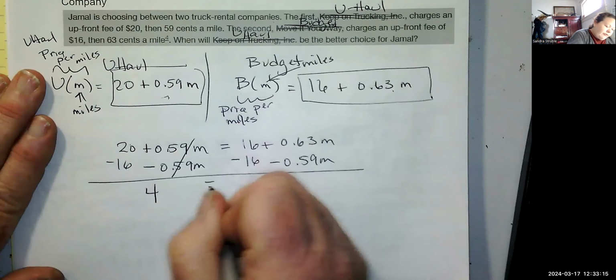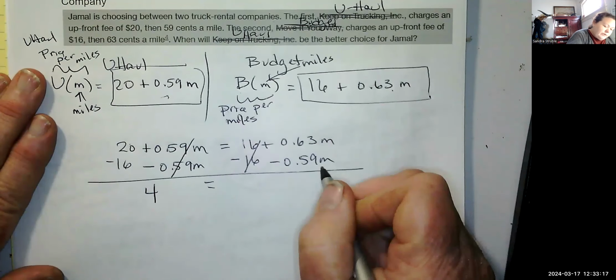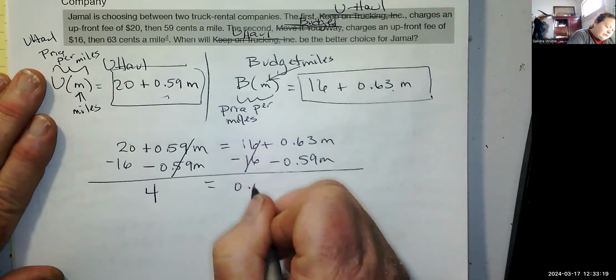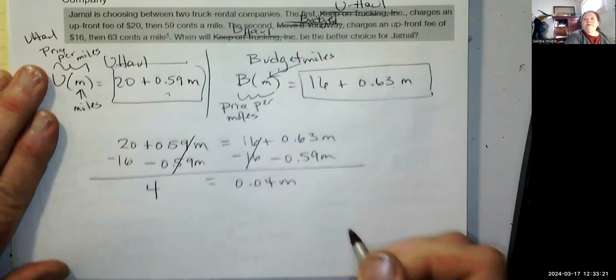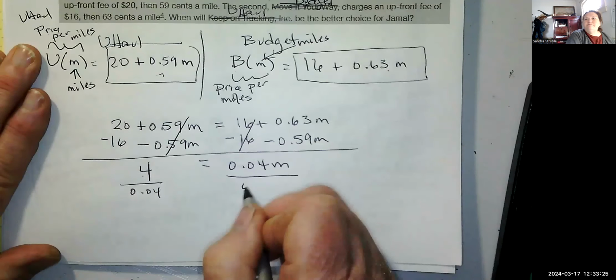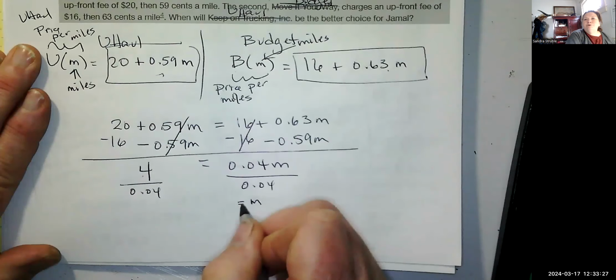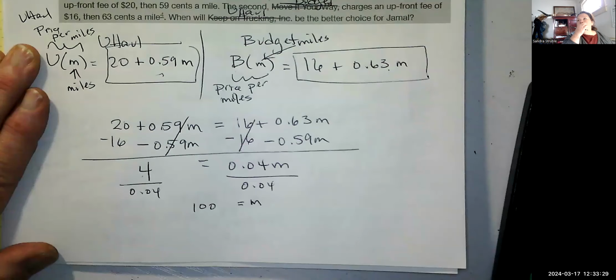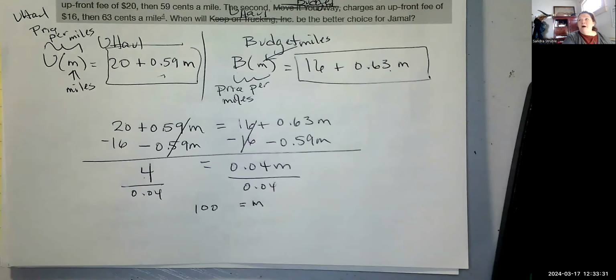It's gone. And then this is 0.04m. Dividing both sides by 0.04, I get m is equal to 100. So at 100 miles, they're the exact same price.